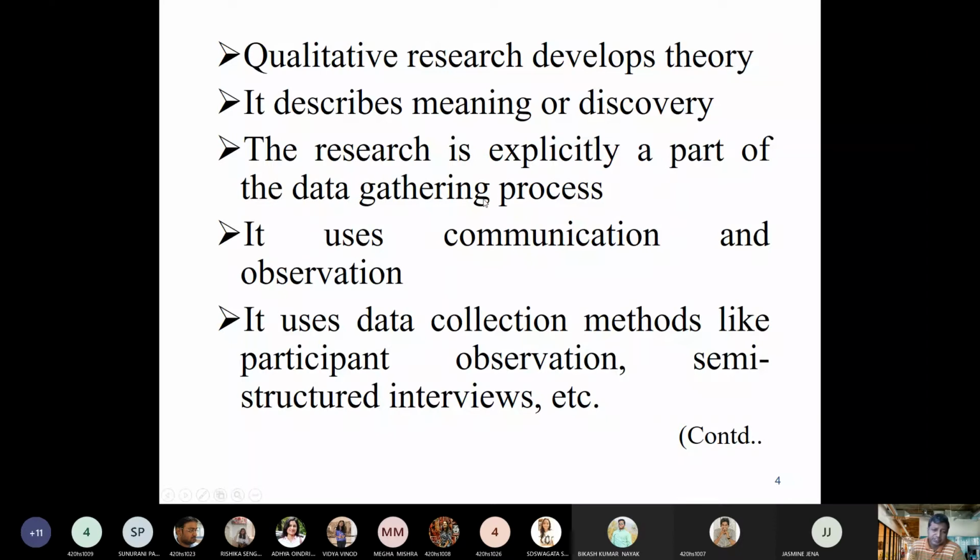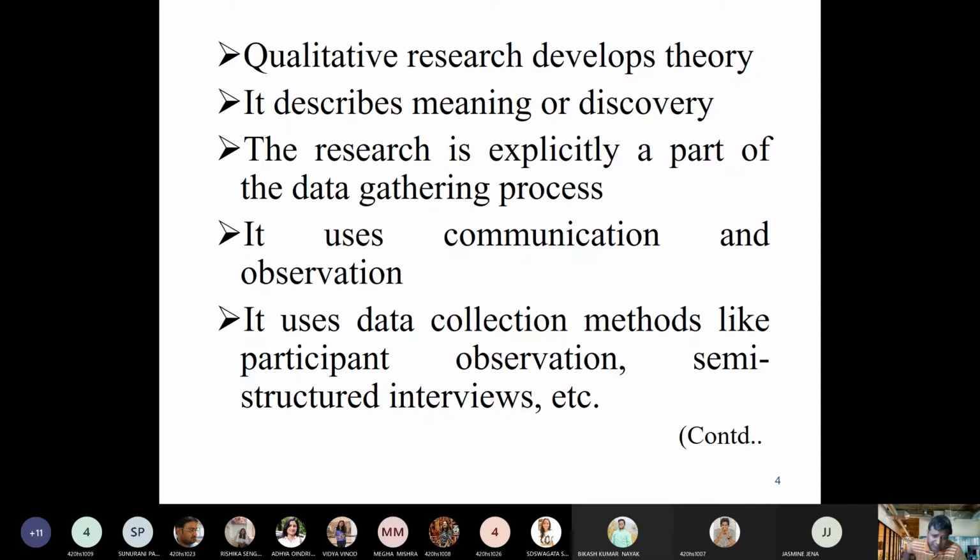Sometimes somebody is giving you some information, but if you observe them, you can understand their intention: whether he or she is telling a lie, whether they are really interested in sharing this information with you, or whether they have some fear while sharing it. So while communicating, if you observe facial expression and gesture, it will help you in analyzing the data. In qualitative research, along with communication, observation plays a very important role.